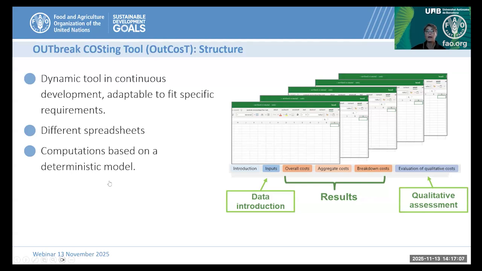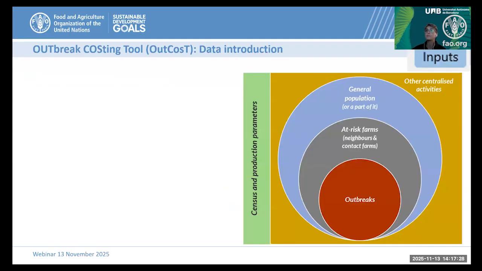All computations are based on a deterministic model. So if you think that some variation in the estimate is needed, you can work with the worst and best scenario option, modifying specific input data. To run the model, we need to collect a certain amount of data.